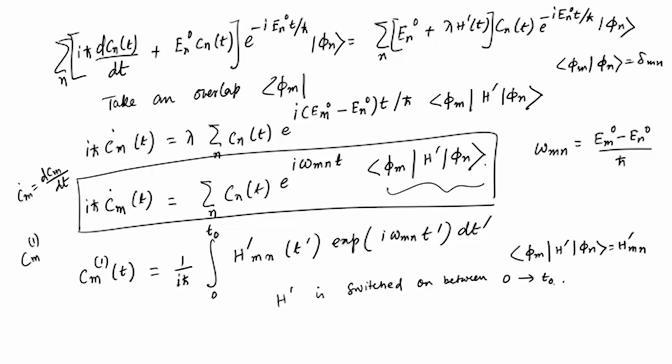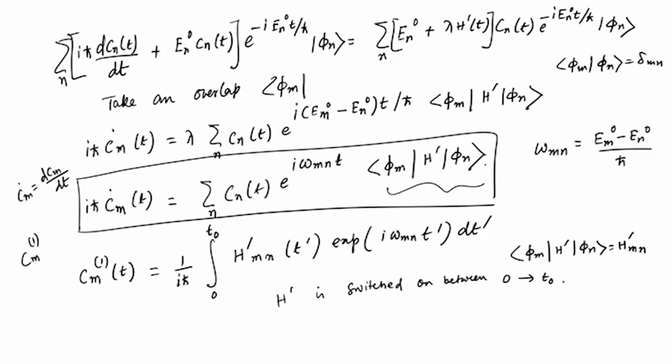So, this 0 to t_0 makes sense. That is the one that we have in this particular case.